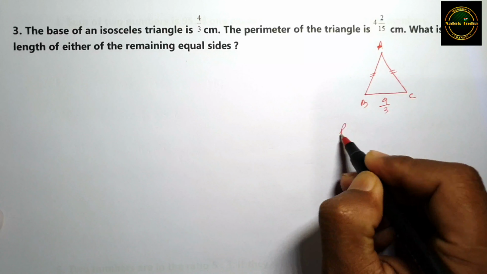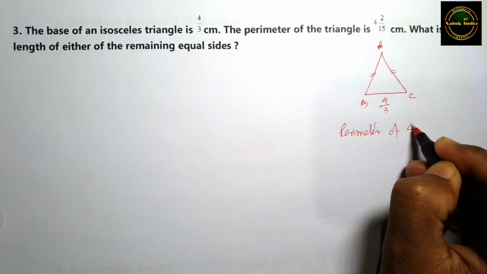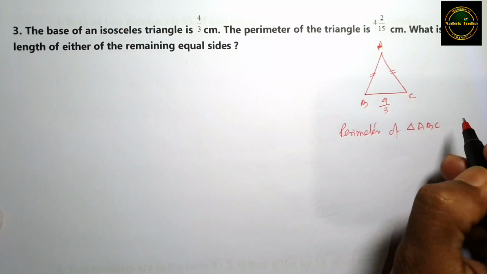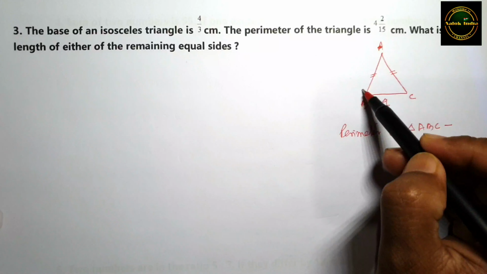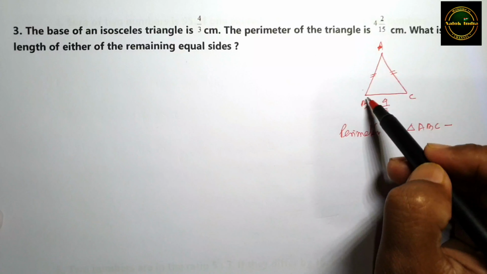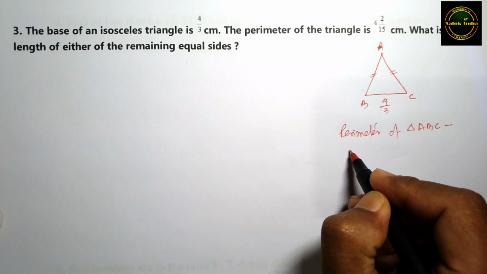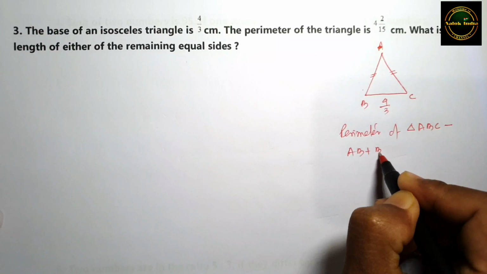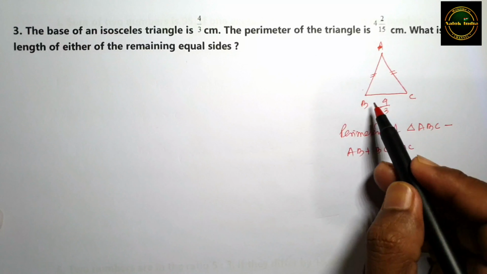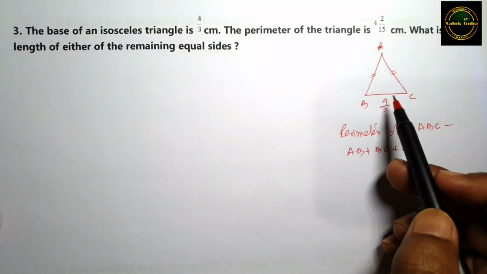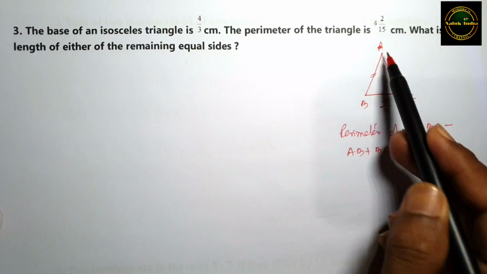So the perimeter of triangle ABC, as we discussed in the last maths, is nothing but the sum of the lengths of its border, that is length of AB plus BC plus AC. But here the value of BC is given in the question, and they asked to find the value of the remaining equal sides, that is AB and AC.